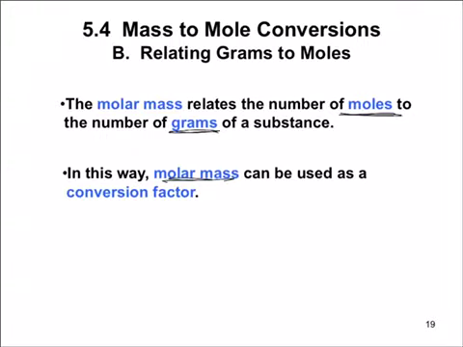That means molar mass is a conversion factor. Anytime you see something over something else, it's a conversion factor. Grams per mole, miles per hour, days per week, seconds per minute. Those are all conversion factors because they're relating one quantity of a substance to another quantity.